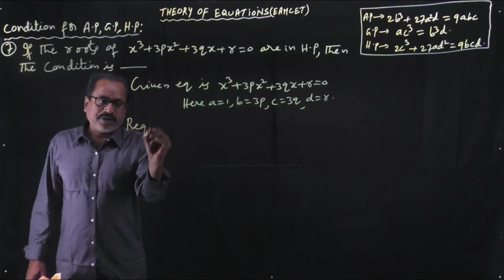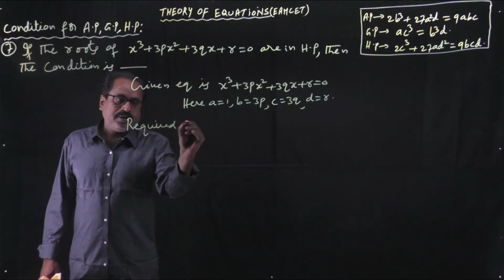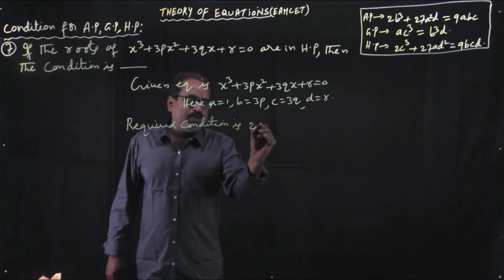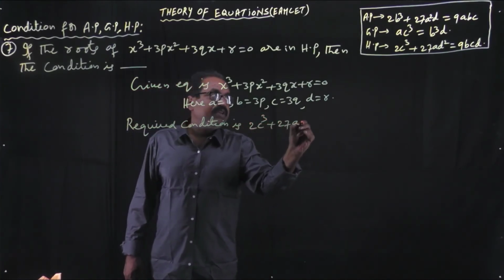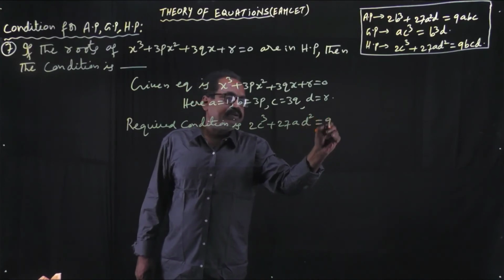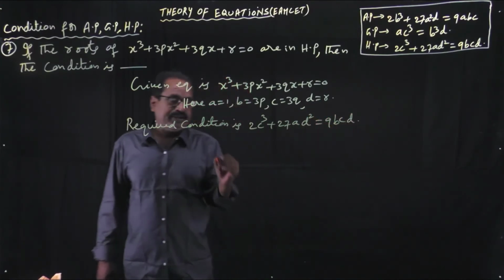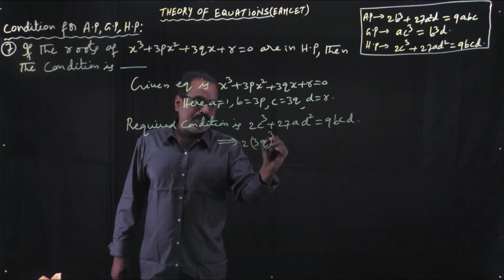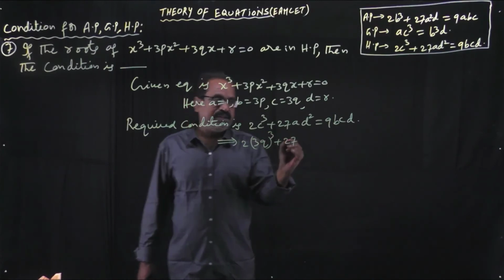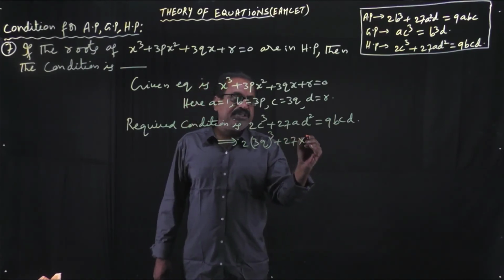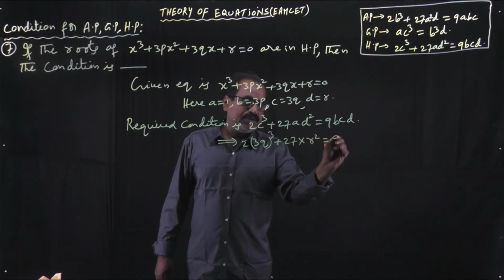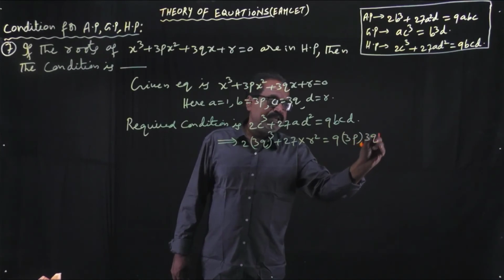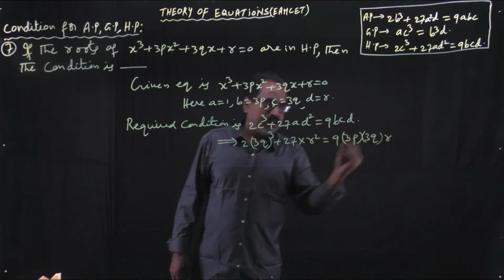So required condition is 2c cube plus 27 ad square is equal to 9 bcd. So this implies 2 into 3q whole cube plus 27 into 1 into r square is equal to 9 into 3p into 3q into r.